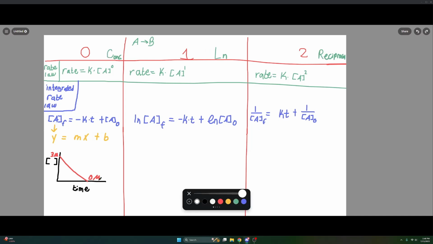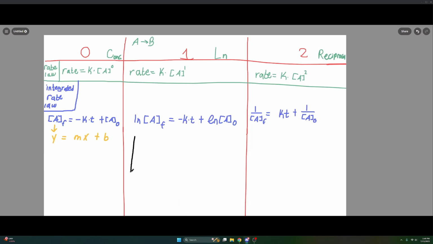I'll go ahead and erase this graph. Hope that's okay. We'll talk more about graphs later. But these are your integrated rate laws. And to talk about why these are important, let me show you what happens with first order, for example. As shown on the left earlier, normally for zero order, you graph concentration.